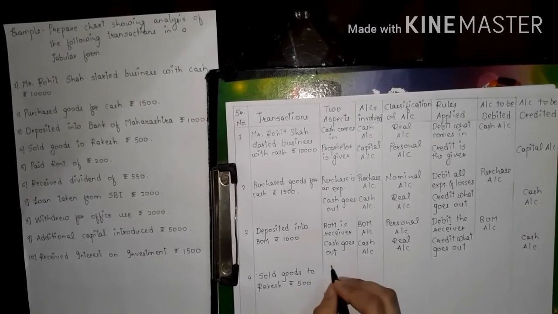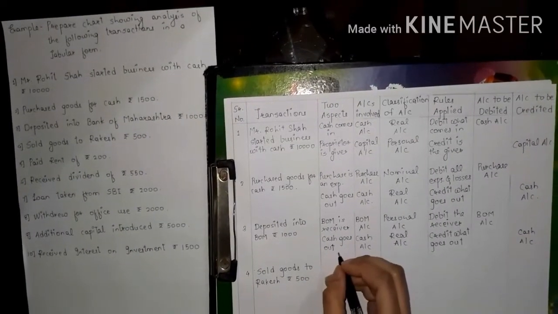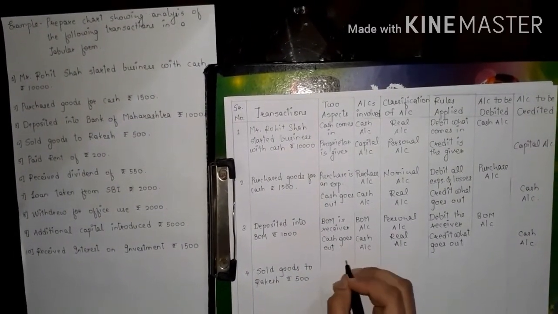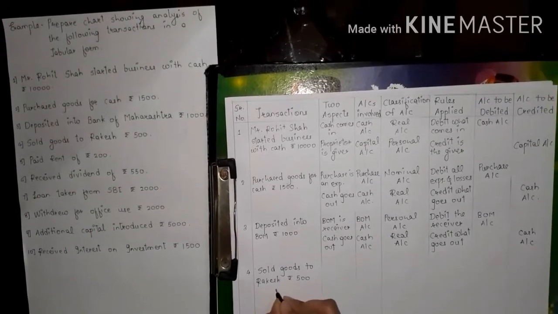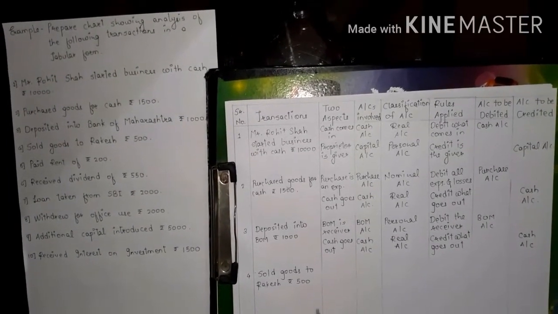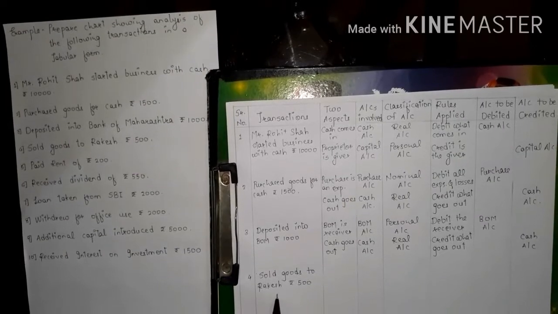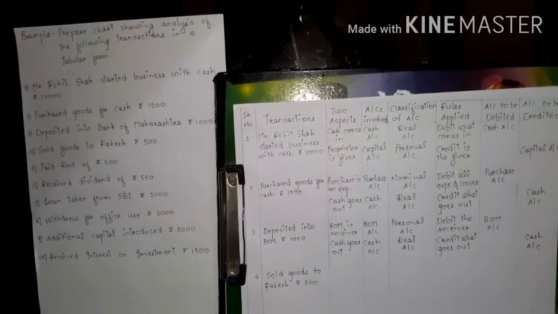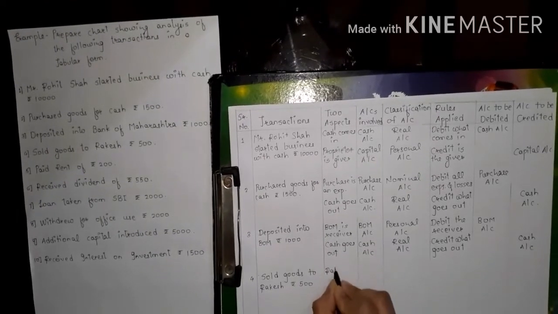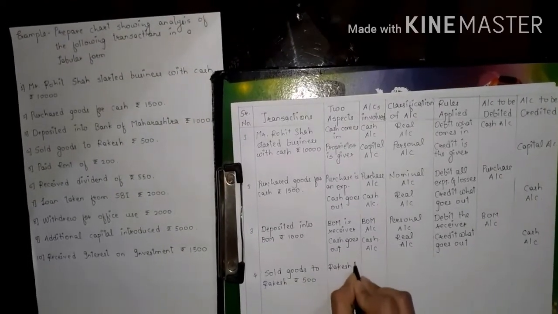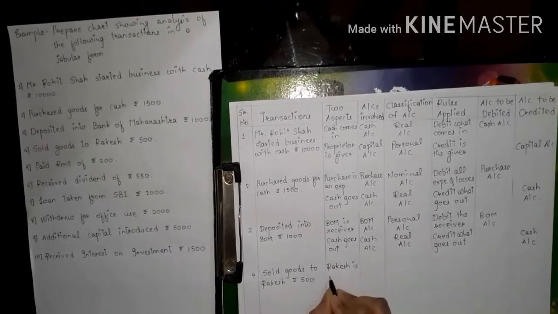Now first will be sales account. Sale is an income, but to whom we have sold goods, that is important. We have sold goods to Rakesh. So who will be the receiver over here? Rakesh. So the first aspect will be Rakesh is the receiver as goods are being sold to him.